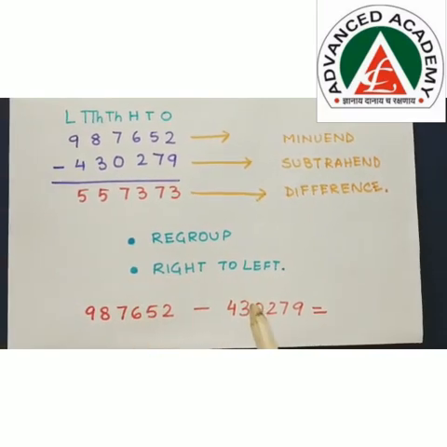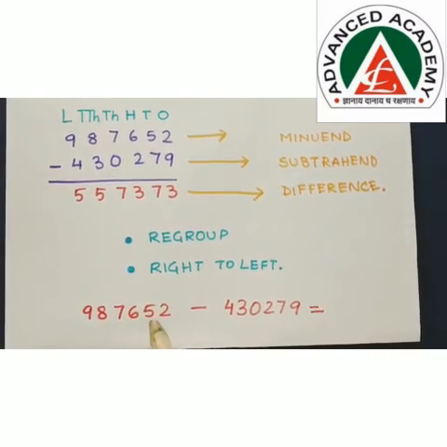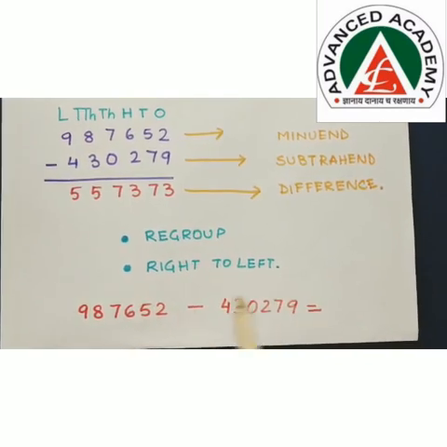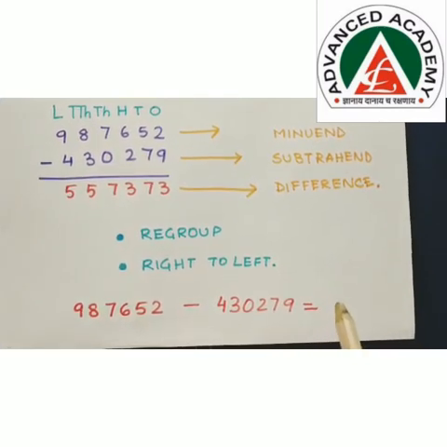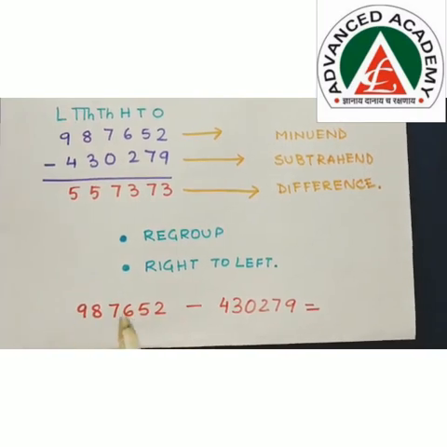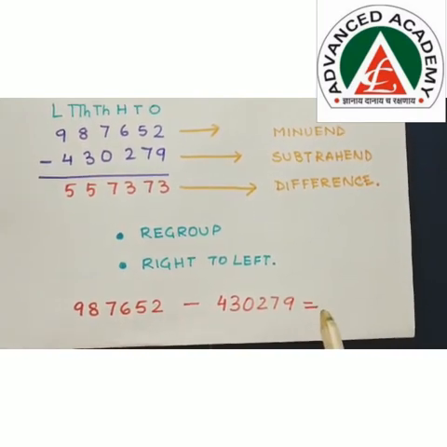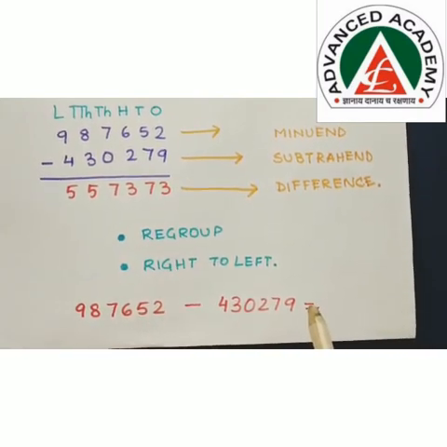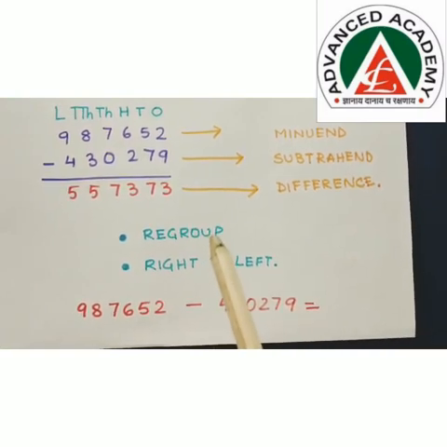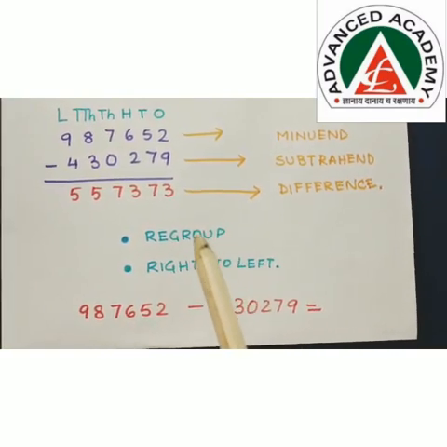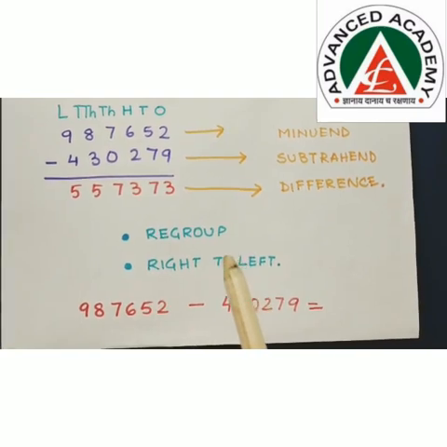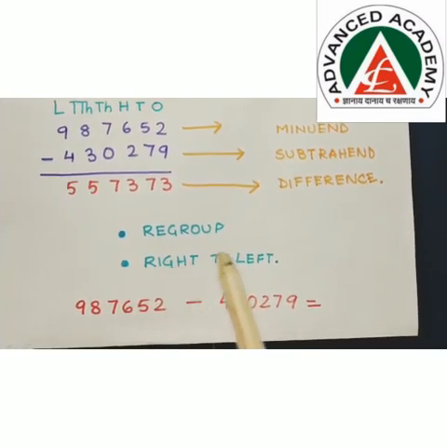How do we begin? If the number was a smaller number, we could have done it right here. But as we see, the numbers are bigger. So what do we have to do? We have to regroup, and after regroup, we have to start from right to left.